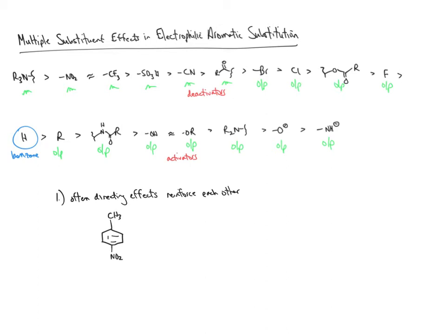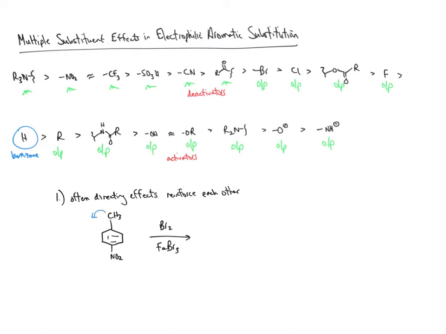And the nitro and the methyl group are in a para relationship. And let's say we're going to run this reaction in which we take bromine in the presence of iron tribromide. All right, so in order to figure the regioselectivity of this reaction out, we need to know what the substituent effects are going to be.